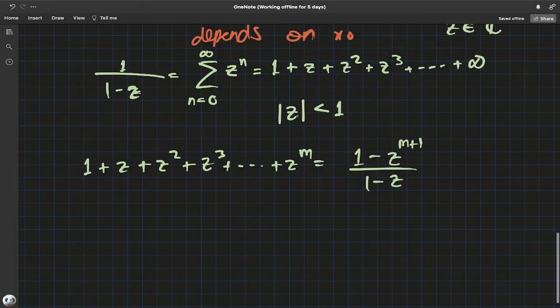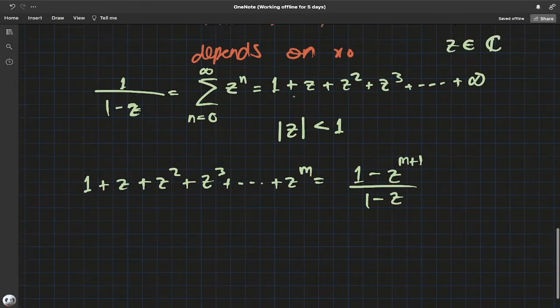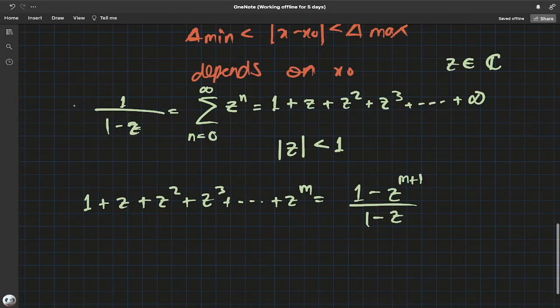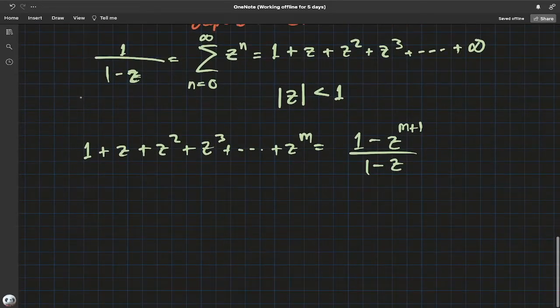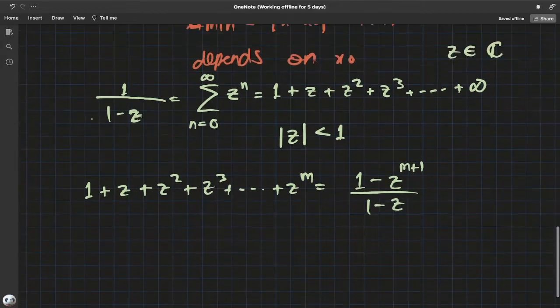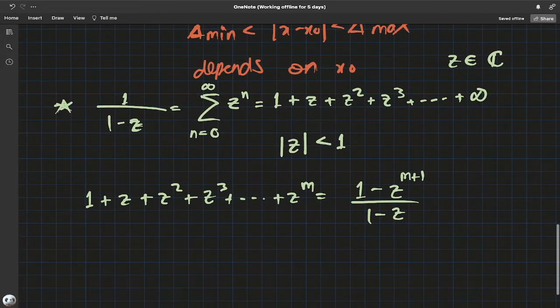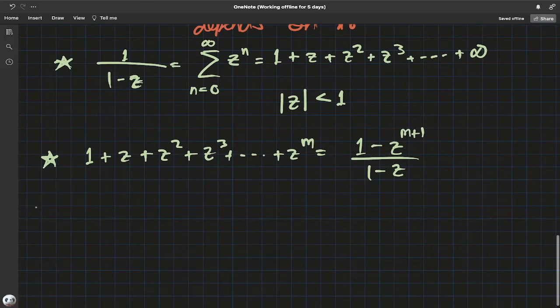Now, if you set the magnitude of z to be less than 1 and you set m to infinity, you derive the formula for the infinite geometric series summation. So these are really important, and we're going to need them for a complex Laurent series.